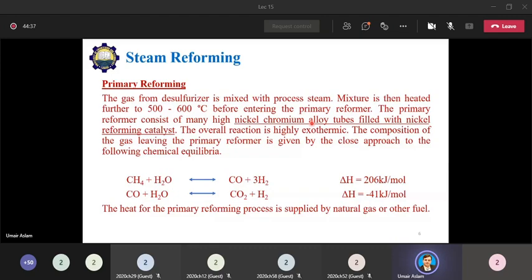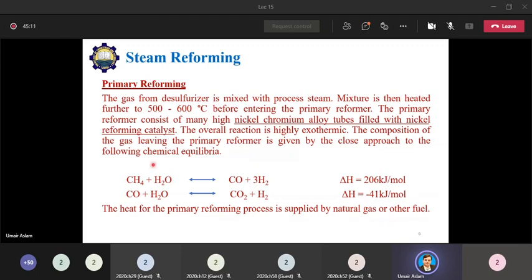So in the presence of this catalyst and in this temperature range, hydrocarbon and steam, natural gas and steam react to form carbon monoxide and hydrogen gas. Carbon monoxide may react with steam to form carbon dioxide and hydrogen gas.